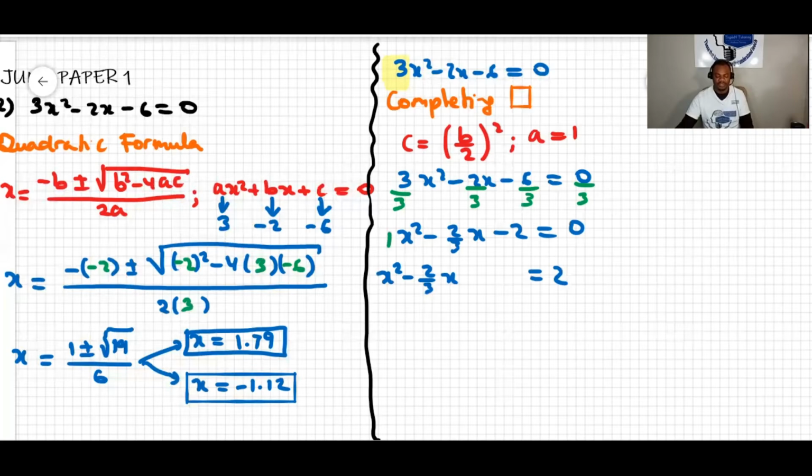Then let's work out c. C will be equal to b squared over 2. B has the value of negative 2 over 3.